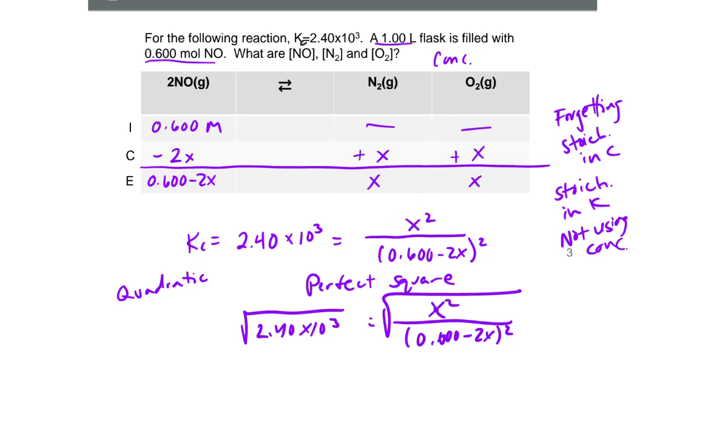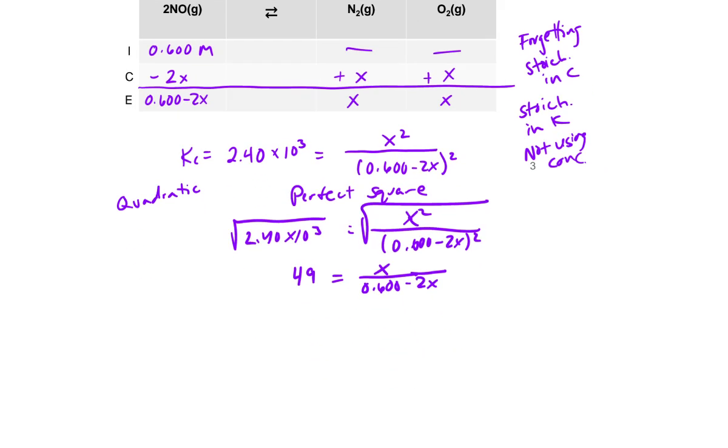I hope I didn't just rush through that for you. This means we have 49 equals x over 0.6 minus 2x. And now we can much more easily solve for x.